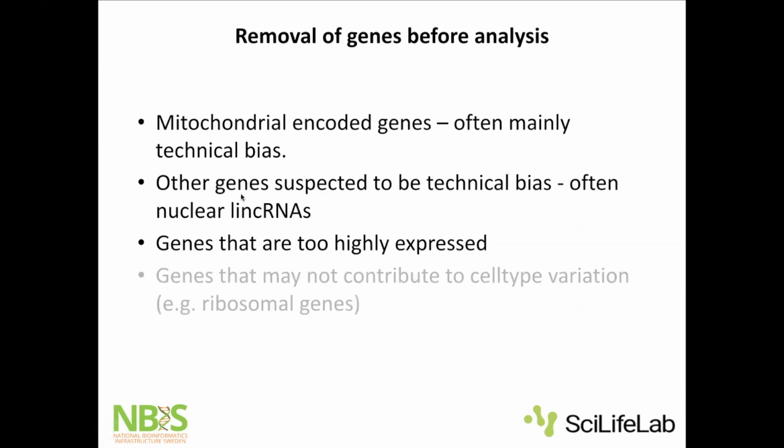So I would say always remove the mitochondrial genes, because we know that so much of the mitochondrial signal is technically driven. So I always remove them. I look for other suspected technical bias and very highly expressed lncRNAs, and possibly other really highly expressed genes.